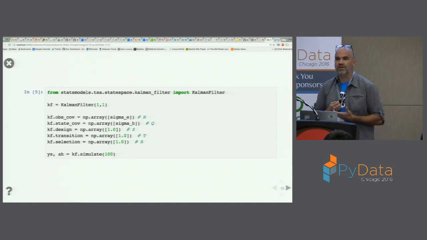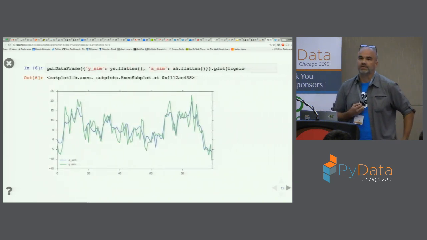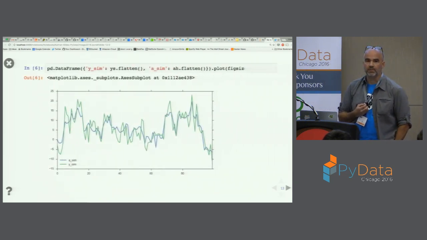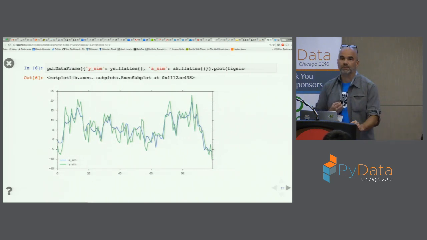But this is enough to define a state space model given the Kalman filter class. Next, once I've defined it, I'm going to simulate it. So again, you'll see a simulation here, which is fairly similar to the set of time series I showed in the first couple of slides.